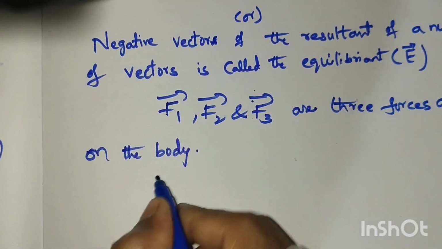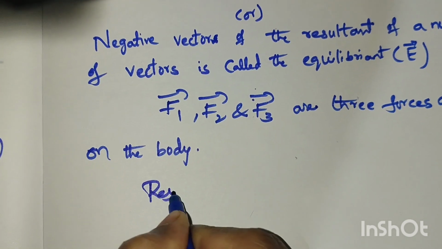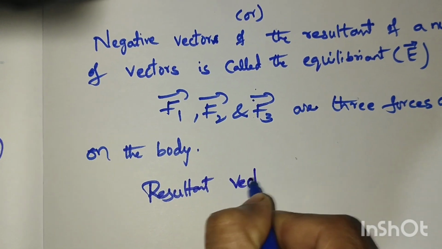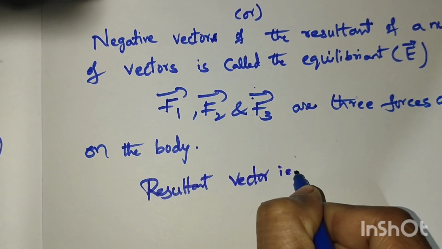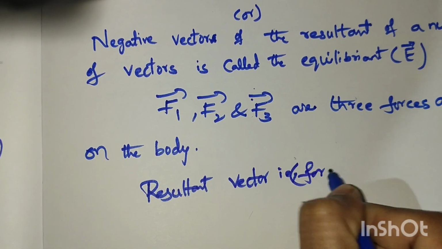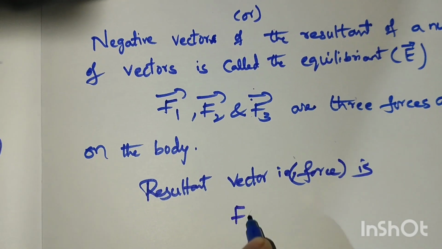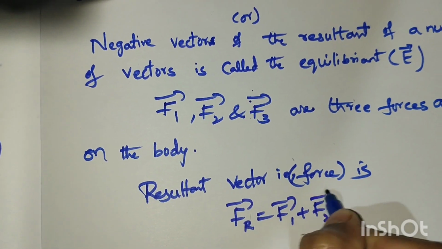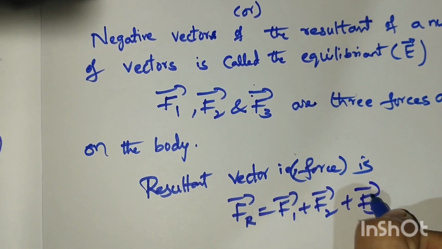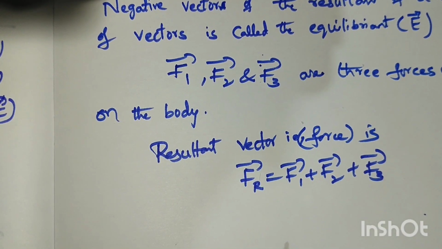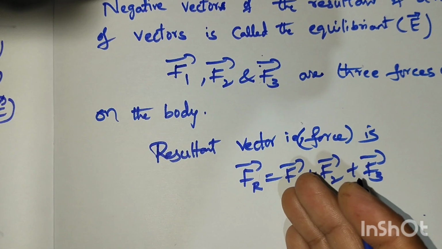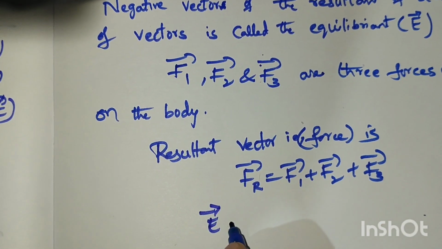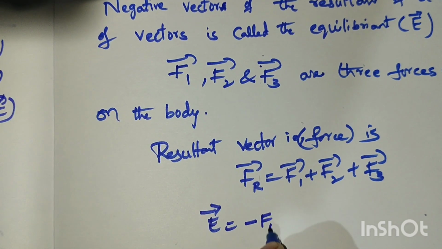So the resultant vector, that is the resultant force, is Fr bar equal to F1 bar plus F2 bar plus F3 bar. So this is the resultant force. Then the equilibriant is denoted by E bar, and it equals minus Fr bar.